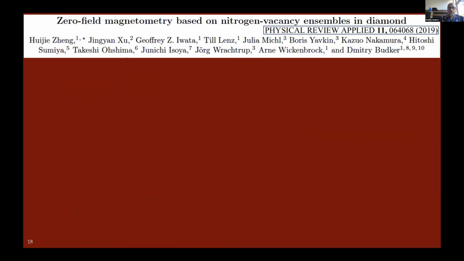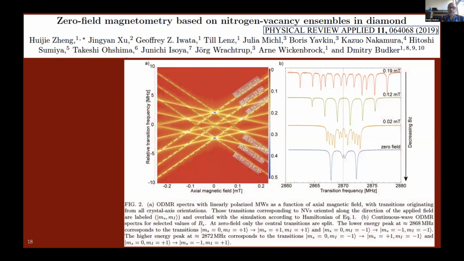Let me now show you a few slides about how we measure, or try to measure, I guess we do measure, zero magnetic fields. The standard technique of measuring magnetic field is called optically detected magnetic resonance.